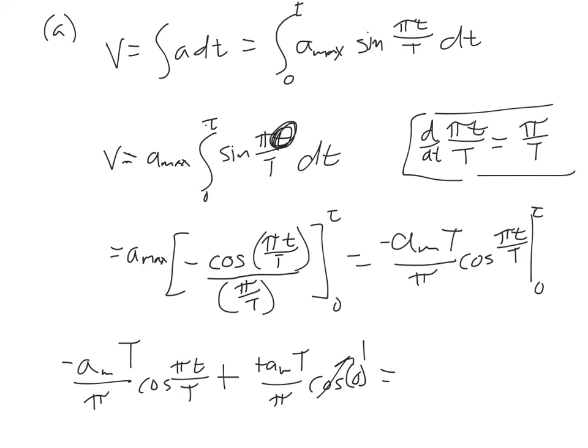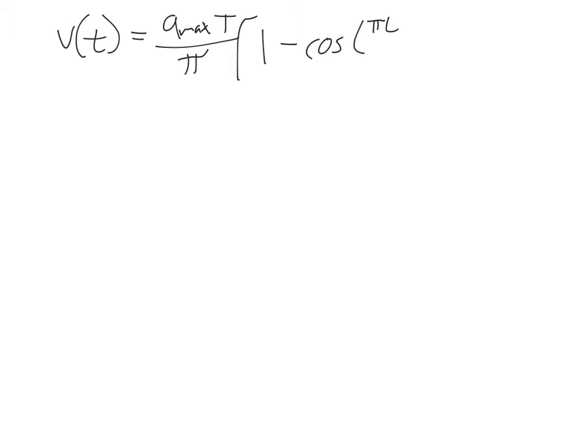So I end up getting a max T over pi minus a max T over pi cosine of stuff. Let me just rewrite this. Basically, I end up with the equation being a max T over pi times 1 minus cosine of pi t over T. And that's what I end up getting.